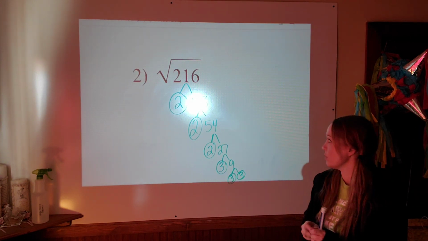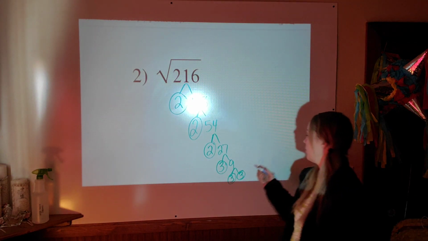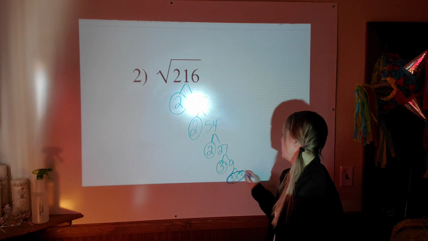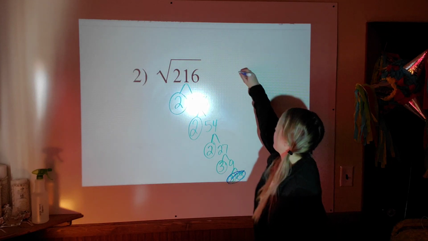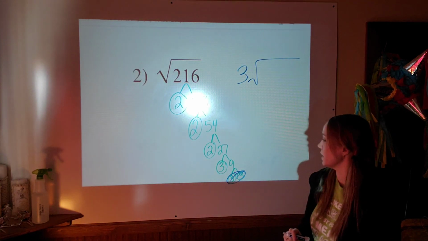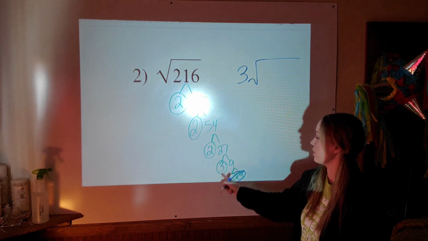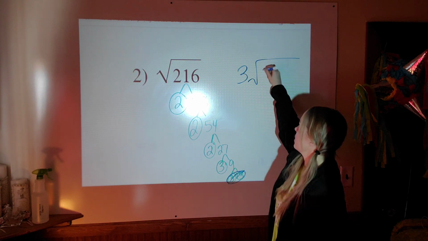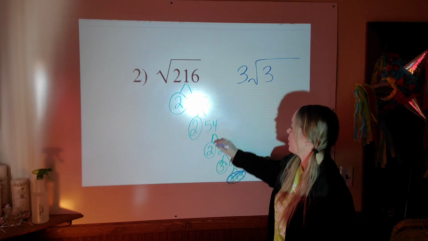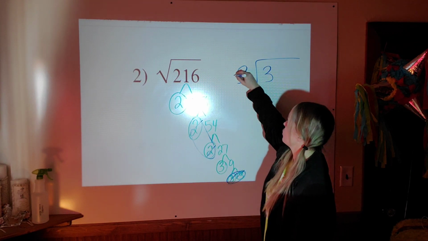So now I'm going to pull pairs of numbers. So I have a pair of 3s. So just one of the 3s is going to go outside here to represent it. There's no more 3s, so that 3 is going to be left inside. There's a pair of 2s, right? So I'm going to pull a 2 out in front here.